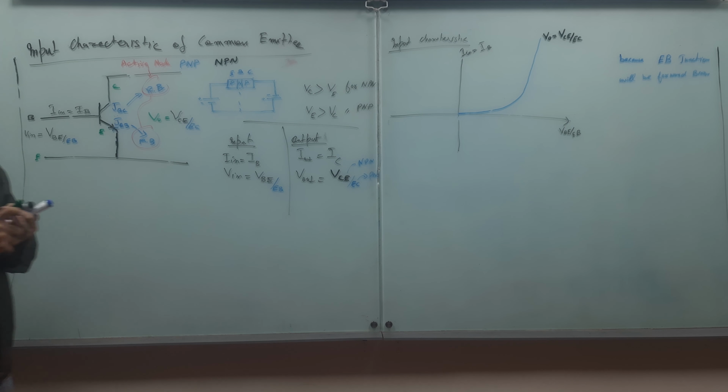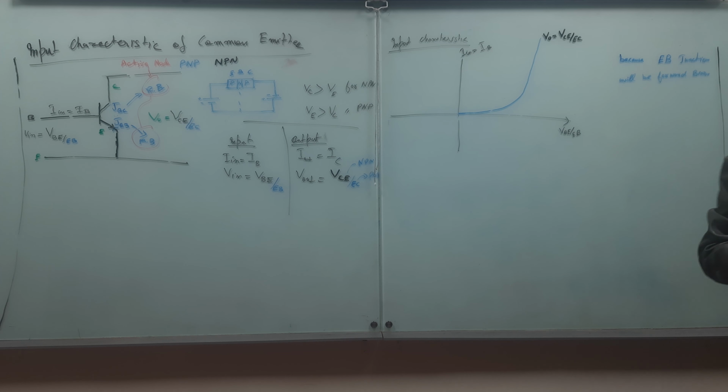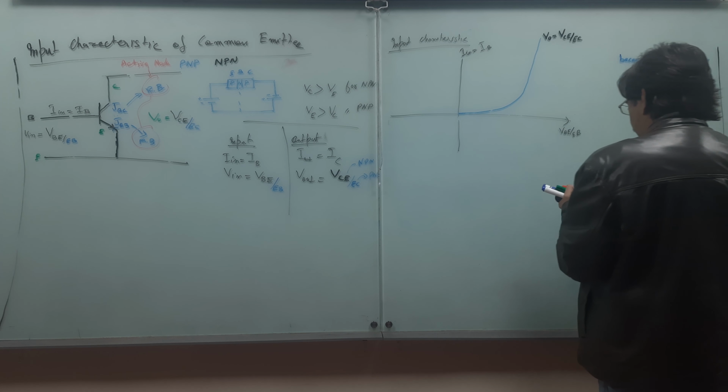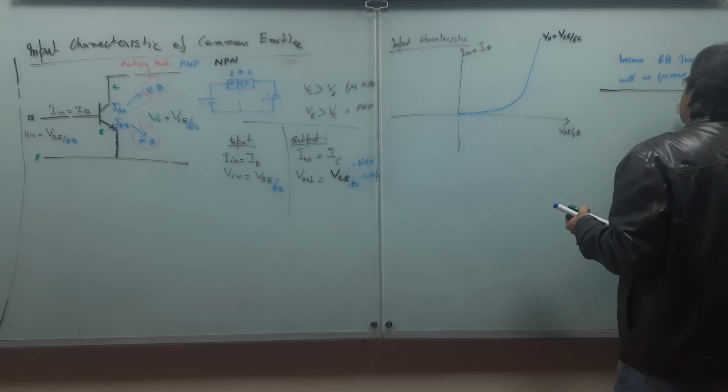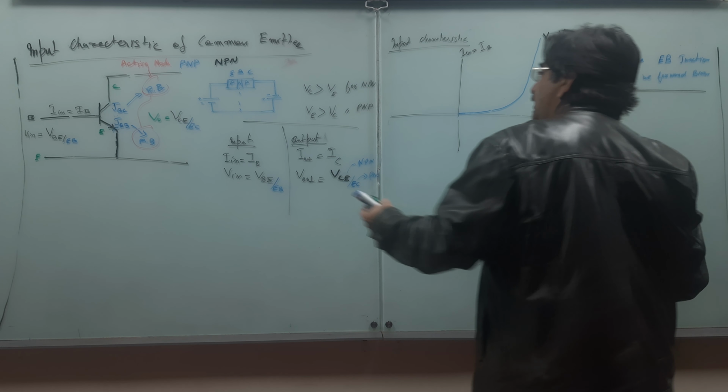Okay. So this will be the characteristic for active mode. Yes, this is a junction.